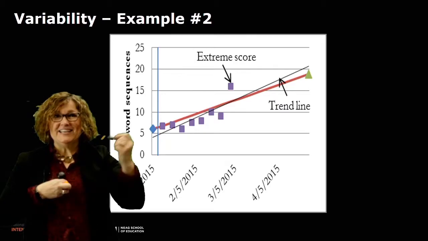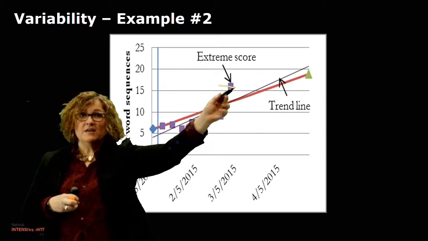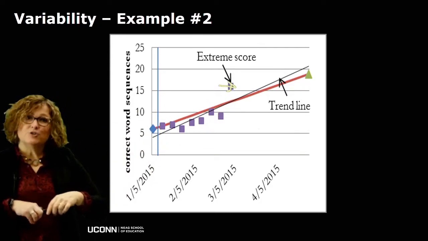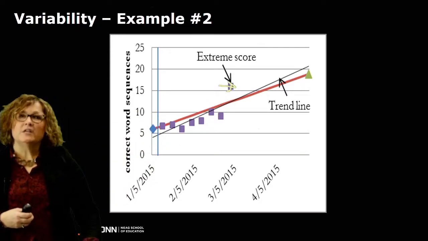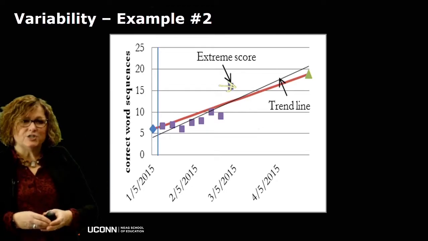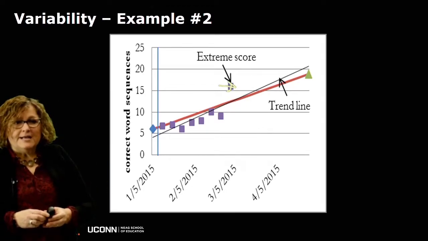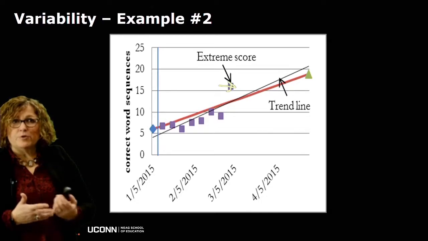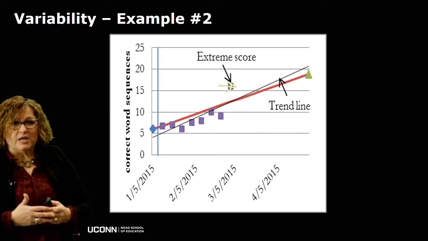Even though it's just a single score among many, it is pulling up that trend line and gives you an inaccurate representation of what the data is telling you. We could remove the extreme score, and then both level and trend would suggest a change.